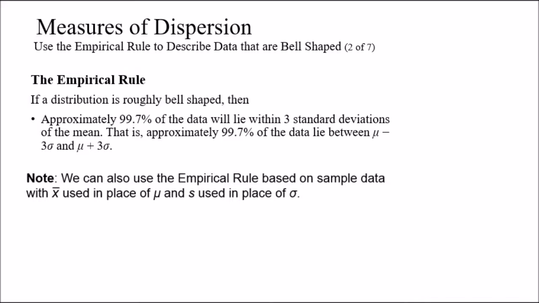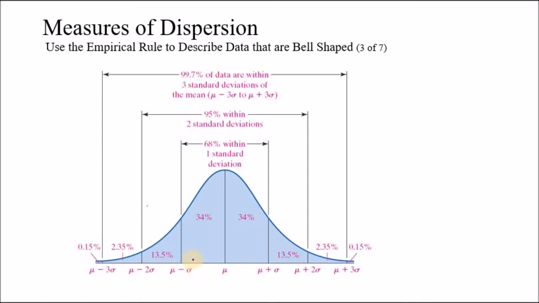Please note that we can use the empirical rule based on sample data with x bar replacing mu and s replacing sigma. This shape here illustrates the empirical rule, and this shape is extremely important. We will be referring to this shape very frequently later on in the semester when we study hypothesis testing.